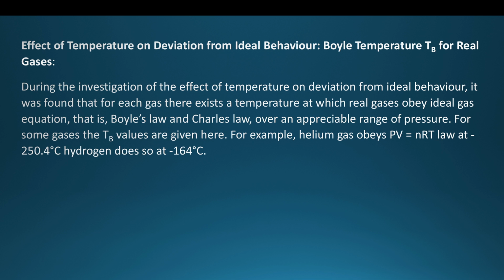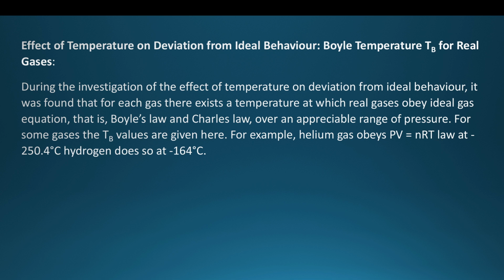We must know how to calculate Boyle temperature, what its relation is with critical temperature and inversion temperature, and what its relation is with van der Waals constants A and B. During the investigation of the effect of temperature on deviation from ideal behavior, it was found that for each gas there exists a temperature at which real gases obey ideal gas laws, that is Boyle's law and Charles' law, over an appreciable range of pressure.